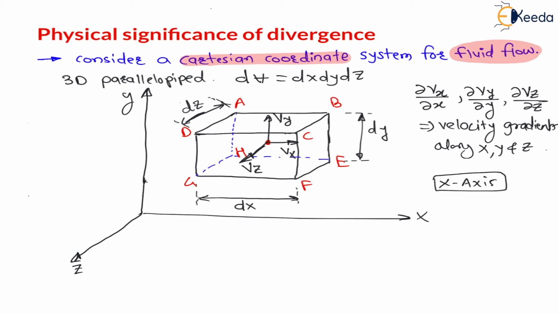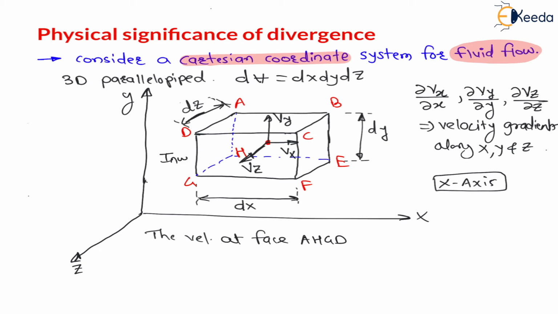Now let us find the velocity component along the x-axis on the AHGD plane. Now if I write here the velocity at face AHGD, which will be the inlet. This face is inlet, right? Because here the flow is along the x-axis, from left to right. Therefore, this face AHGD will be the inlet for x.